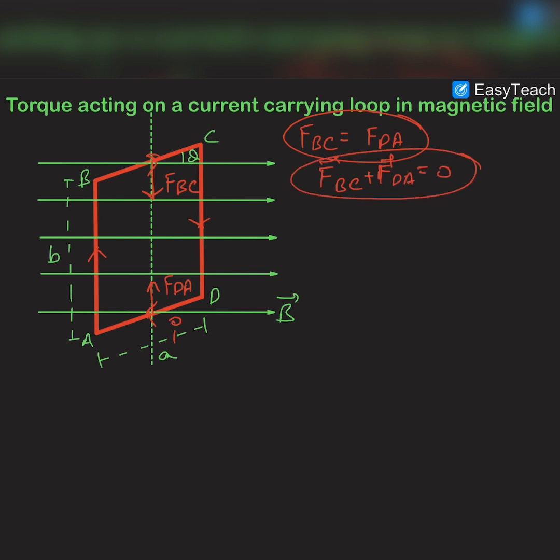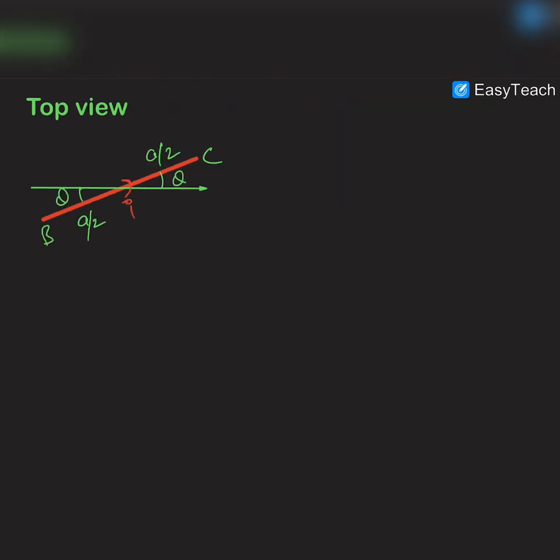Now if we discuss the force acting on wire CD, you must notice that the magnetic field is perpendicular to the wire CD. In the same way, the magnetic field is perpendicular to the wire AB. To discuss this force, we have to view the top view.